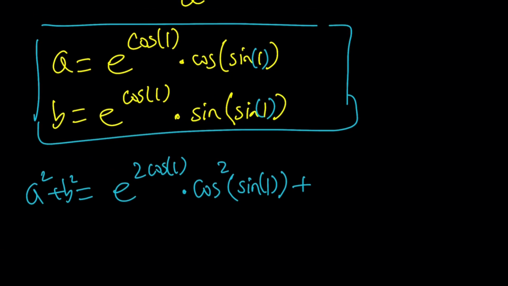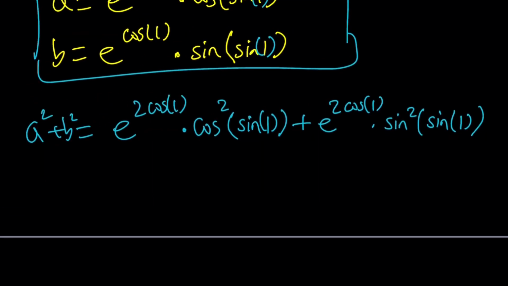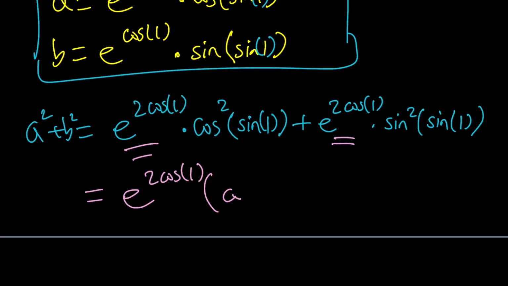Same thing pretty much, except you're going to have a sine squared: e to the 2 cosine 1 times sine squared of sine 1. Awesome, we're almost there. Bear with me. Now, this is a common factor, so we can go ahead and pull it out: e to the power 2 cosine of 1 multiplied by cosine squared of sine 1 plus sine squared of sine 1.